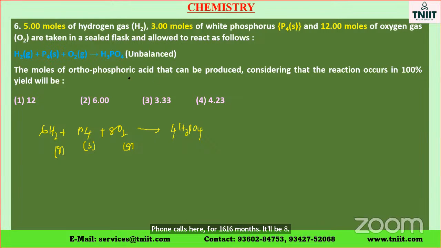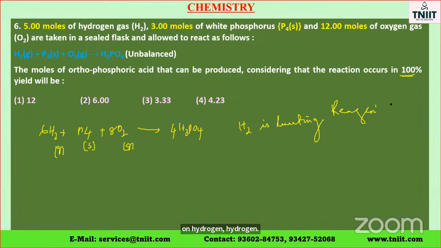Now, the moles of orthophosphoric acid that can be produced, considering the reaction occurs in 100% yield. If you observe the reaction carefully, hydrogen is the limiting reagent. So the reaction depends on hydrogen.